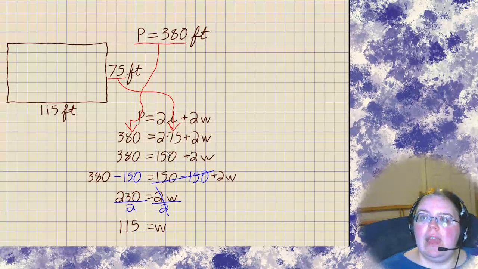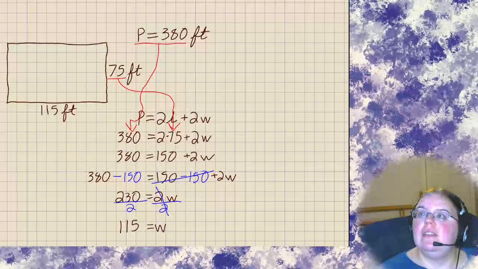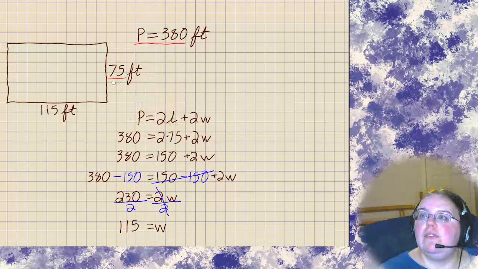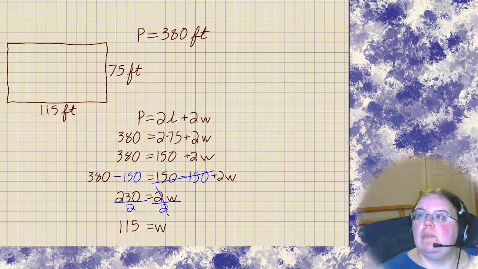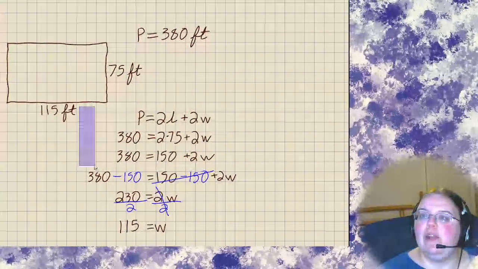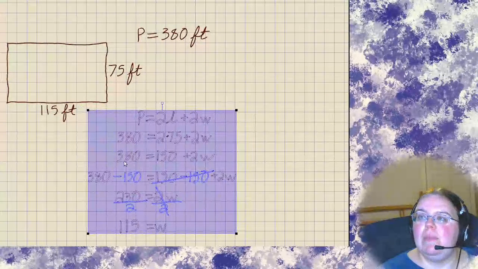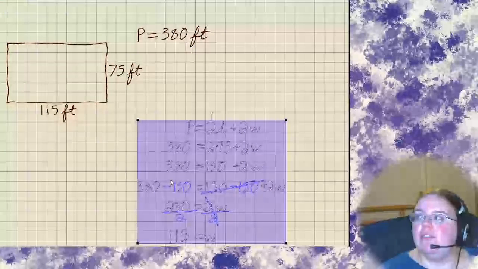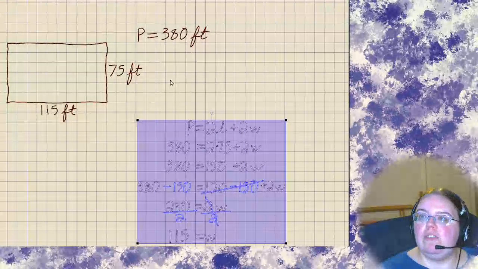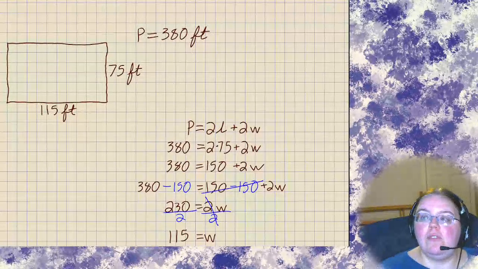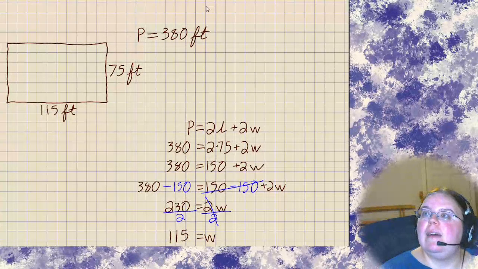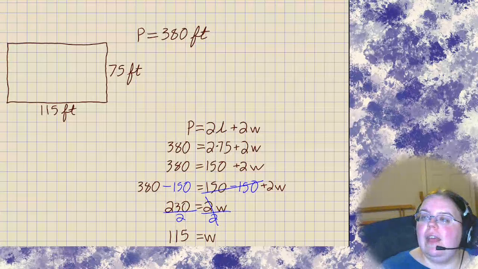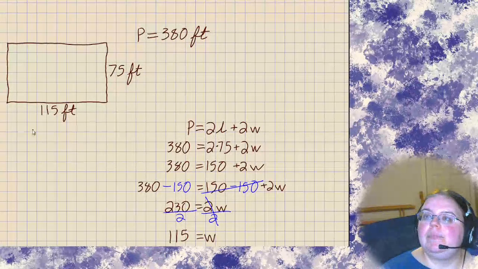But if we had to do several of these, it could be really useful to not have to do that whole equation processing stuff, all those steps every single time. It could be a bit nicer to solve that equation once and for all, so that then we could automate the process using a spreadsheet of finding out the width given a particular perimeter and length.